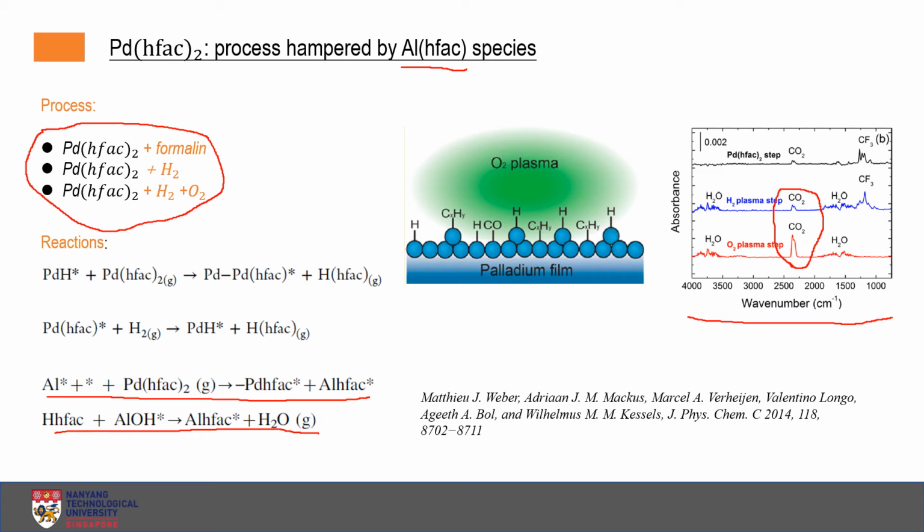So the study believed that the contamination of AlHfac species can be essentially attributed to the contamination of carbon. So far, people have already got a way to fabricate uniform Pd thin film with high purity.